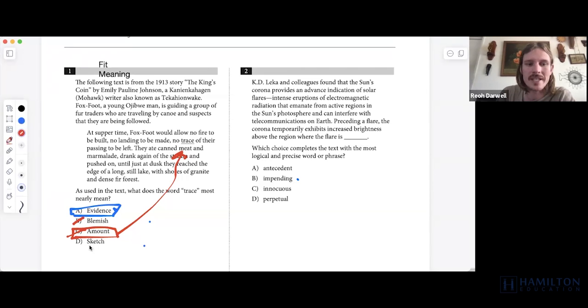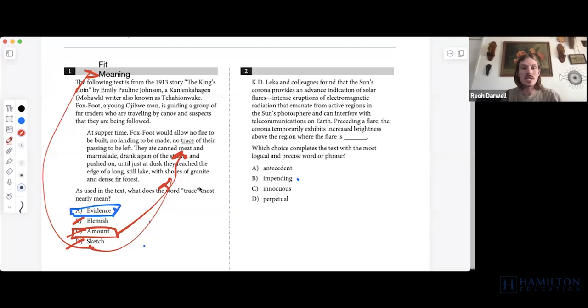And then trace and sketch, right? Those have the same meaning in some instances. They're synonyms in some instances, but in the context of this, they're definitely not synonyms. So this is a relatively easier question, but I think the format of it, in which you have a word in there that you need to find the closest meaning to, can create a little bit of a trick for students to have to overcome.